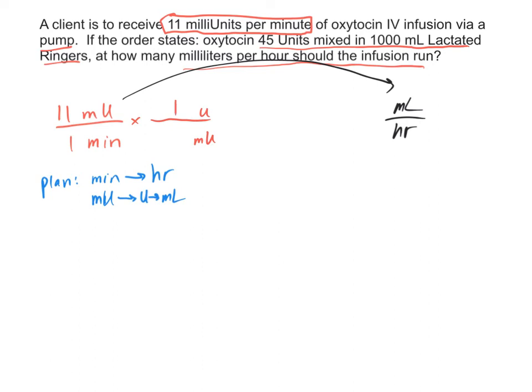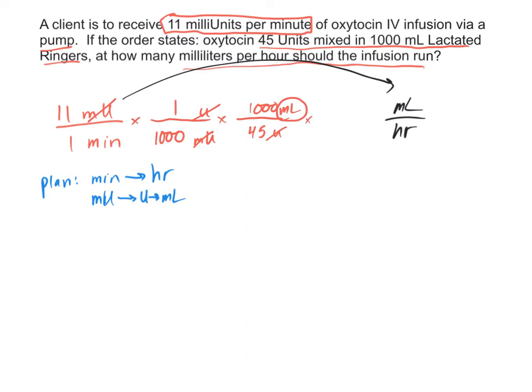We know that one basic unit contains 1,000 milliunits. Very similar to milligrams and grams, milliliters and liters. And now if I use what's on the bag, I see that there are 45 units contained in 1,000 mLs. So by multiplying now by 1,000 over 45, I have converted my milliunits into an equivalent number of milliliters given the strength of this bag.